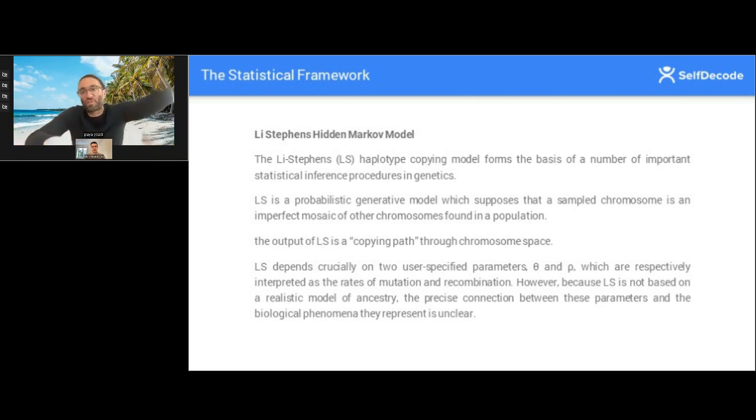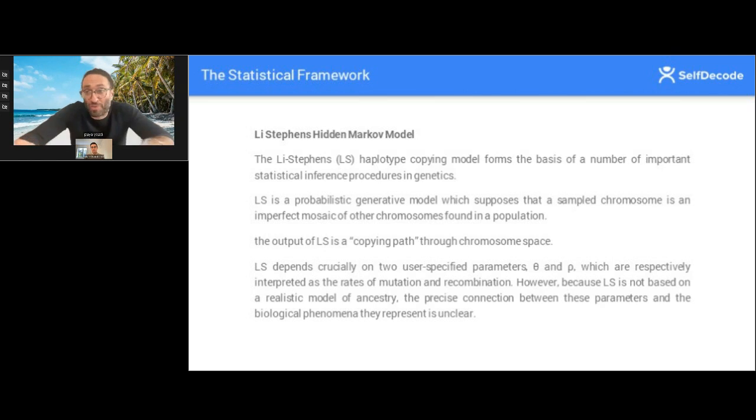You have a bunch of people's chromosome data, ones and zeros, whether they have the reference allele or the alternative allele, and you can view the person's chromosome as literally taking a path through the space. Does it go up? Does it go down? There's a graph, and the next slide will show what we mean by that. This is how you can stick people's chromosomes together to build your person's chromosome.